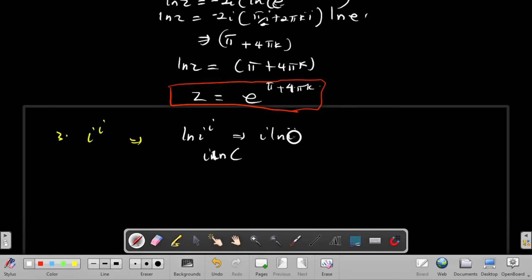Now the i here becomes what? e to the power, now since it's i positive, right? Pi over 2 plus 2 pi k, or i. Pi over 2, 90 as we did initially. So here what do you do? You then bring your power back down. So I multiplying the expression pi on 2 plus 2 pi k i ln e. Then obviously ln e becomes 1. So at this point, i times i is negative. So negative pi on 2 minus 2 pi k is simply our answer for this expression.